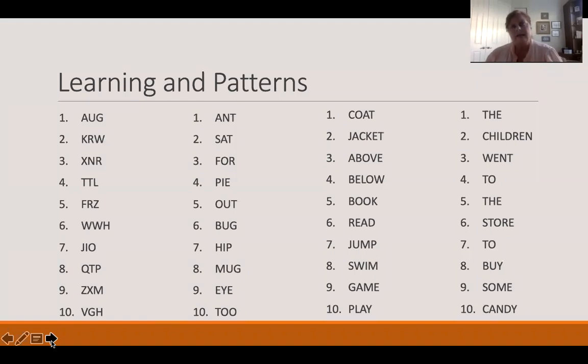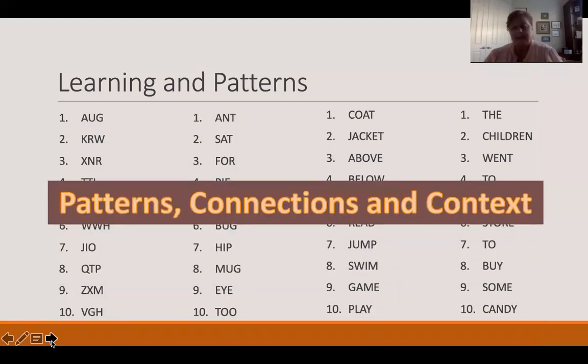So because they're not linked to each other in a way or a pattern we recognize, we have to learn each individual piece of it one by one by one. So when we have patterns that have connections, then context, like the last example, will help us remember all the vocabulary better. So now I'm going to give you the lesson that's not in English.